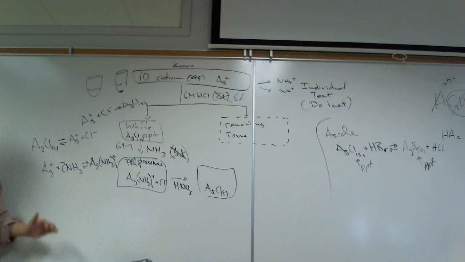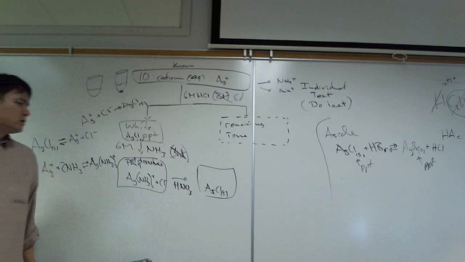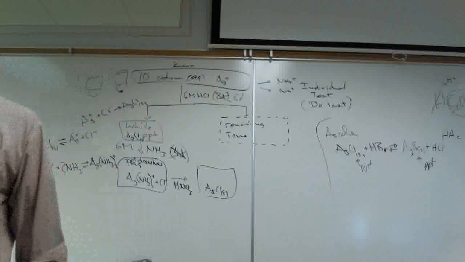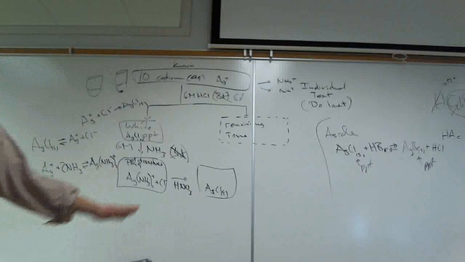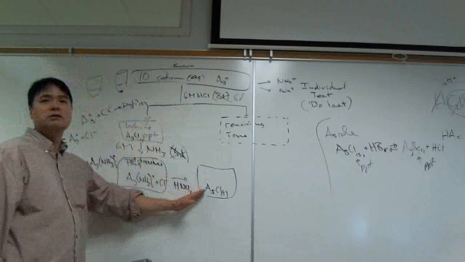Problem is sometimes people have way too much ammonia and they never get this reprecipitation because everything gets so dilute that they're starting to work with big beakers at this point. And so we just want to maximize the amount of precipitate. This is what we call separation and confirmation of silver ion.